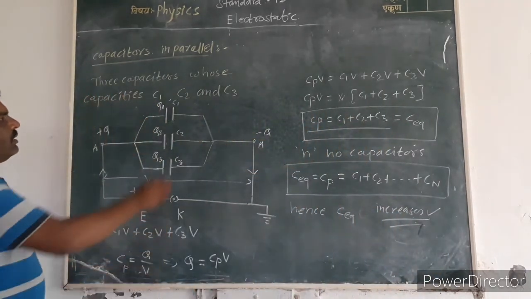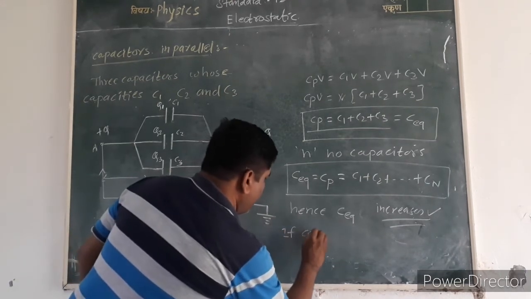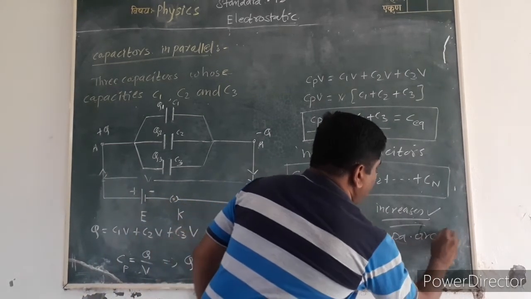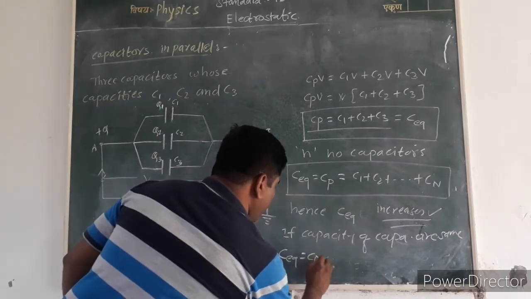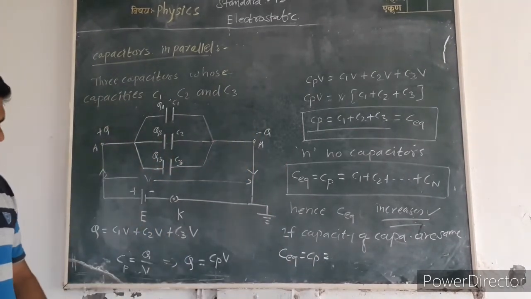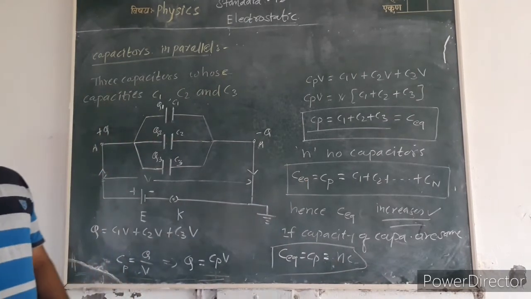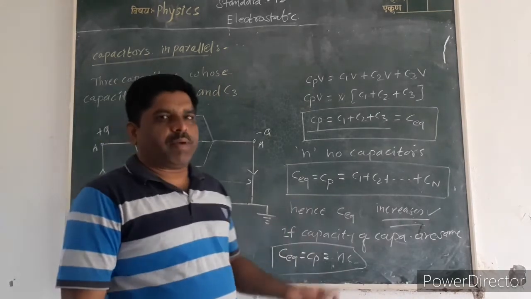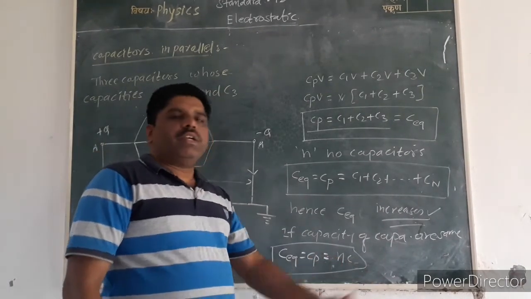If there are three capacitors whose capacity is the same, then C equivalent or Cp, that is total capacity, is equal to n into C. If there are, suppose, 5 capacitors and each capacity is the same, then the resultant capacity, total capacity, equivalent capacity is equal to n into C.